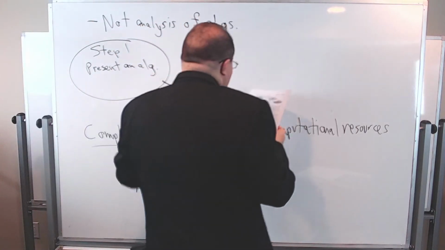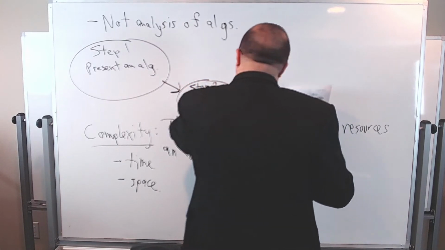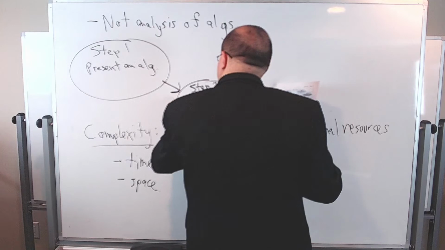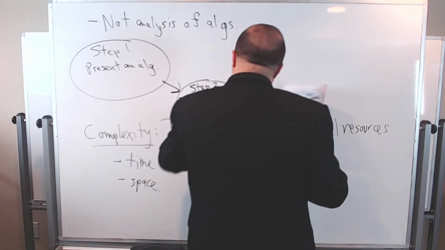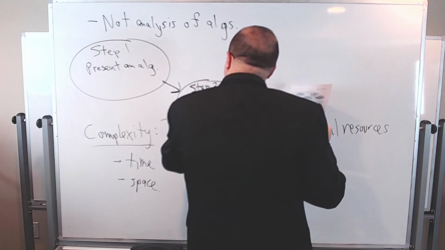So that naturally brings me to step 2. Normally when computer scientists do this kind of thing, they decide on a type of analysis.